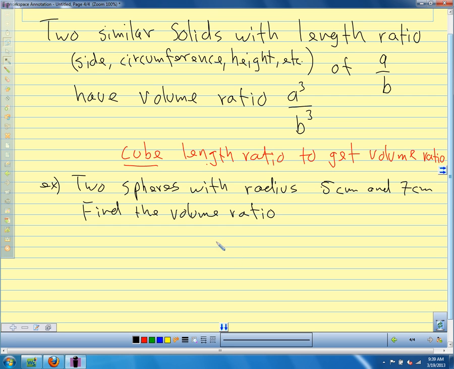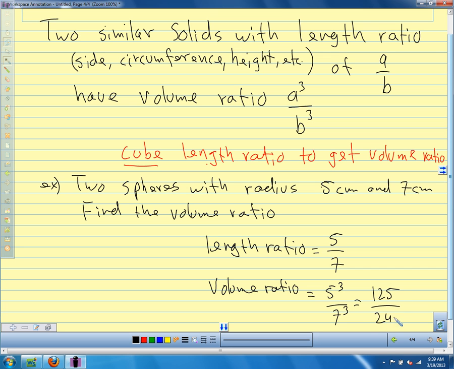So first off, we're going to make a ratio of the lengths. So our length ratio is, how do we want to write our length ratio? 5 over 7. So our volume ratio is going to be 5 cubed over 7 cubed. And I plug that in my calculator, and that's 125 over 243. So our volume ratio is going to be 125 over 243.